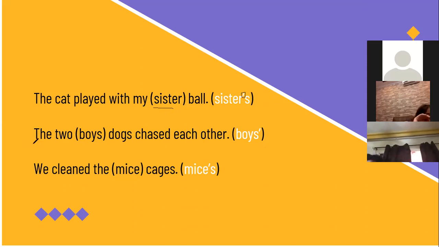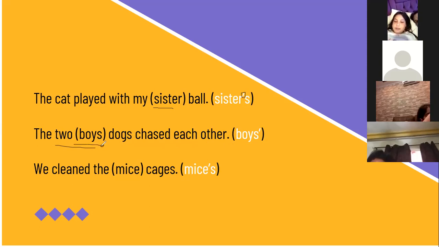The second sentence, I want Huda. Hello, Huda. Read the second sentence. The two boys dogs chased each other's voice. Bravo. Boys, it's plural and it ends with an S, right?